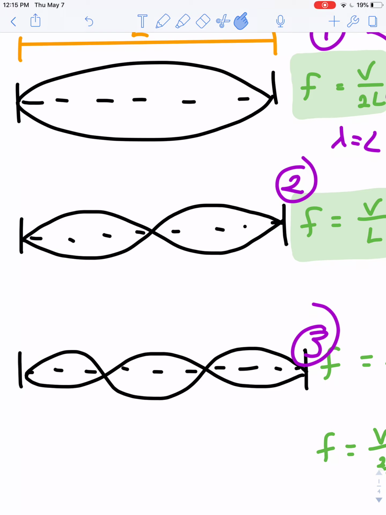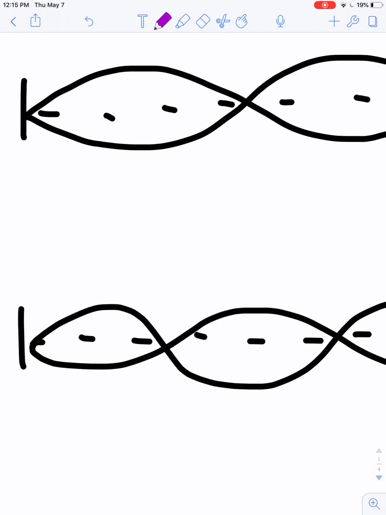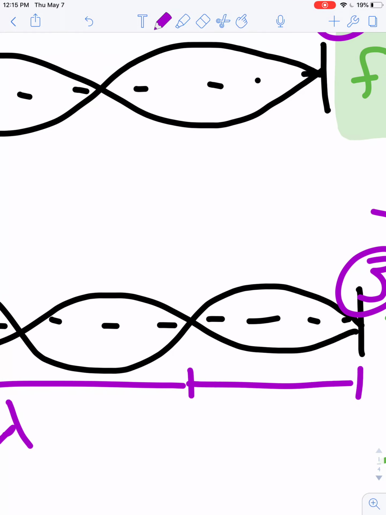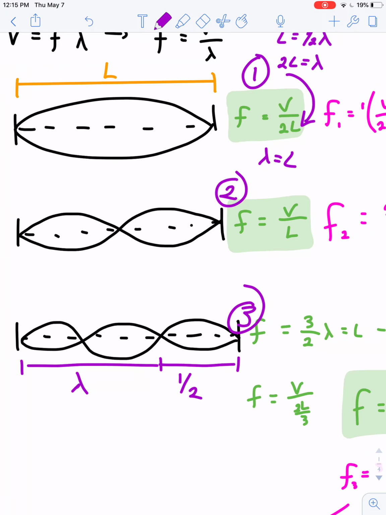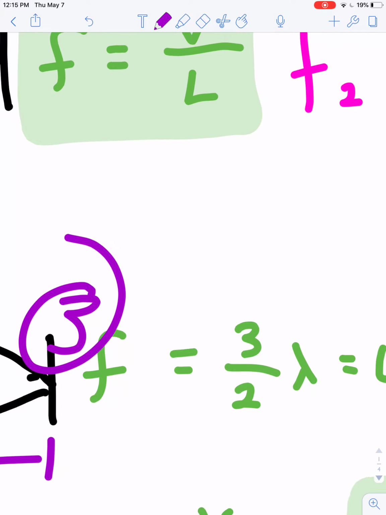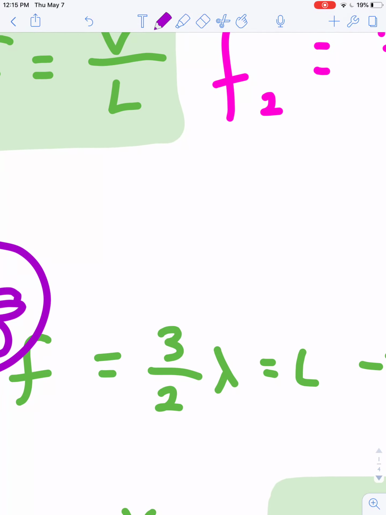If you notice here, let me go in purple, we have 1 full wavelength here, and then we have a 1/2 wavelength here. So we have 1.5 wavelengths total, which is 3/2 wavelengths. So 1.5 wavelengths is going to be the length of the string.